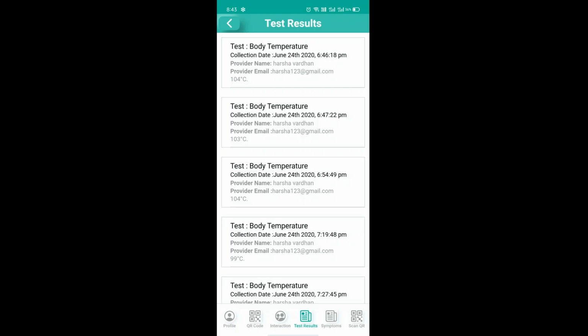So they can see their test results, they can go in and take a look at their body. Right now, they're only having body temperature tests here, but they can also get themselves tested for COVID. They can do antigen, antibody, or viral DNA tests. And then those results will also start showing up here as they get entered by the providers or labs which are doing the tests.